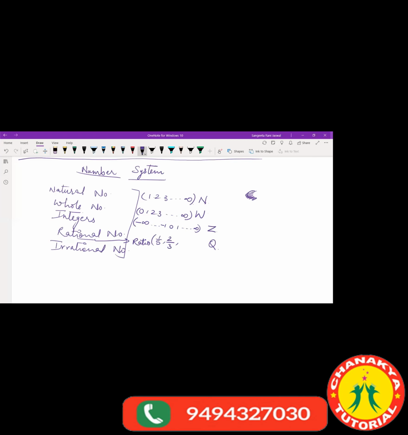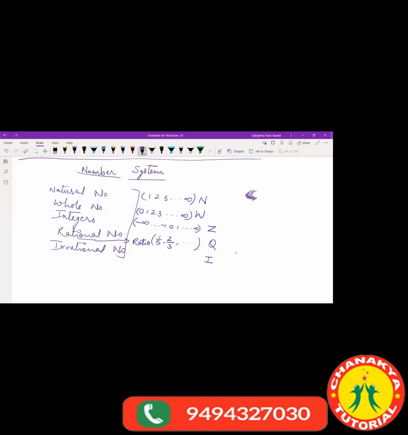Integers means these can be negative, 0, or positive. The only condition is that the denominator should not be 0. This is the definition of rational numbers. Then we have irrational numbers, which we represent by the capital letter I.